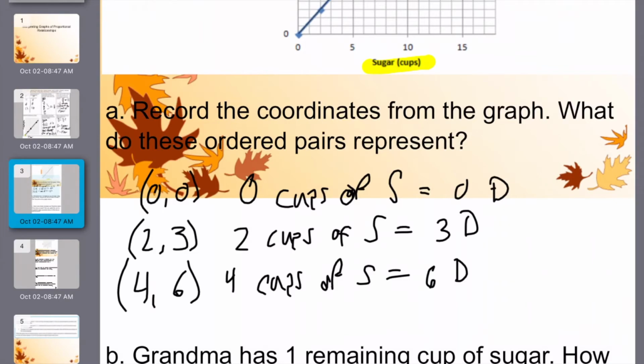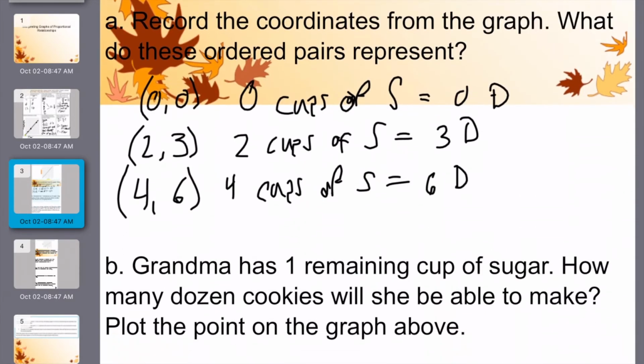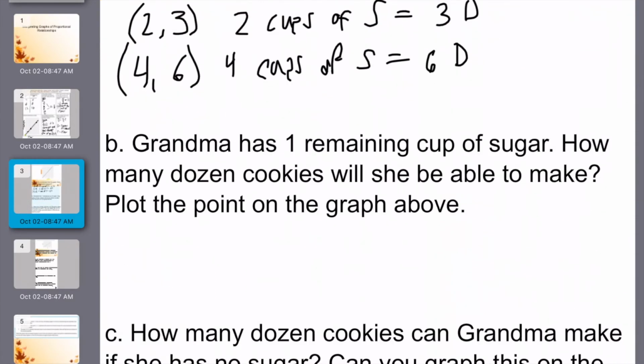Okay. So Grandma has 1 remaining cup of sugar. How many dozens will she be able to make? And plot the point on the graph above. So this is where I want to start to think about, one, what is my constant of proportionality? Well, it looks like my constant of proportionality, or my K, is going to be 3/2.